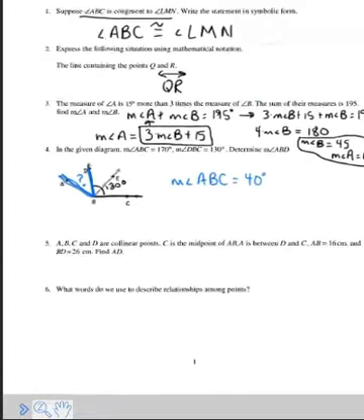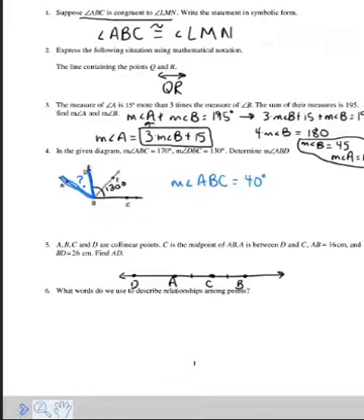It says C is the midpoint of AB, so from A to C is the same as from C to B. And it also says that A is between D and C, so D is somewhere over there, so that A is between them.